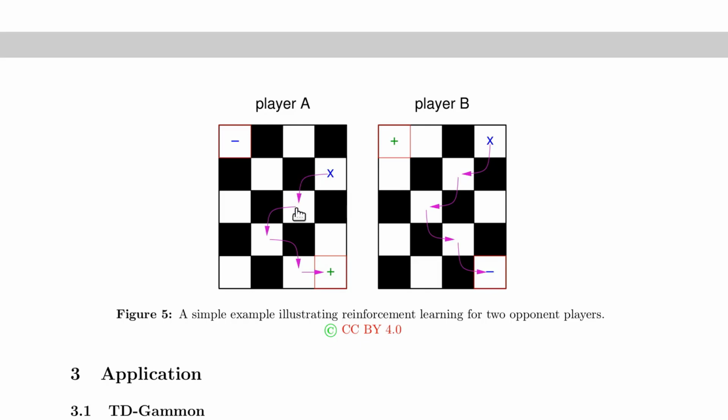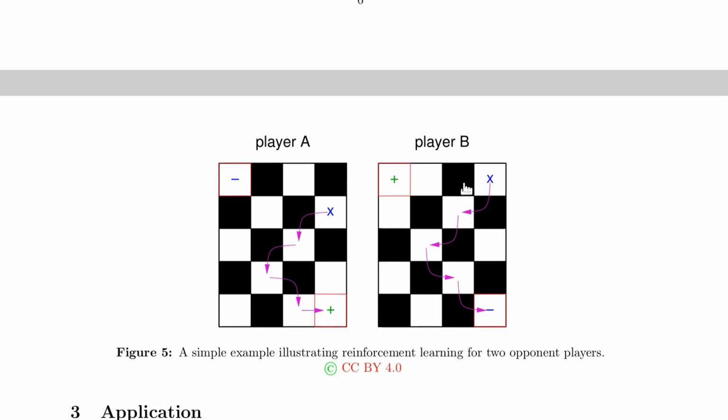Then it takes the action left again, and it ends up here. But it could also have ended up here if player B had decided to move to the left. Right? So the other player adds some randomness to the transitions here for player A. And in this case, player A has won, right? Because player B has made dumb moves.